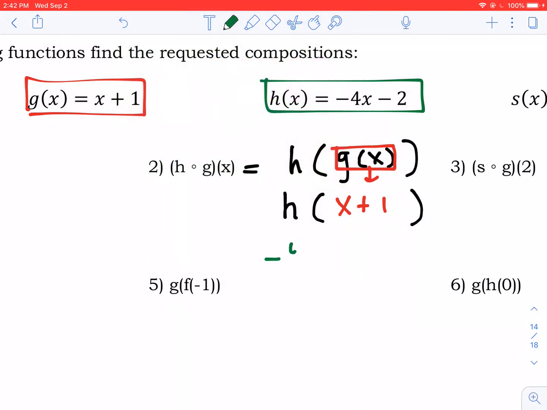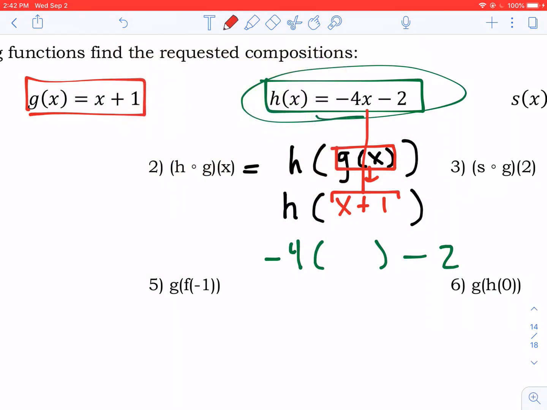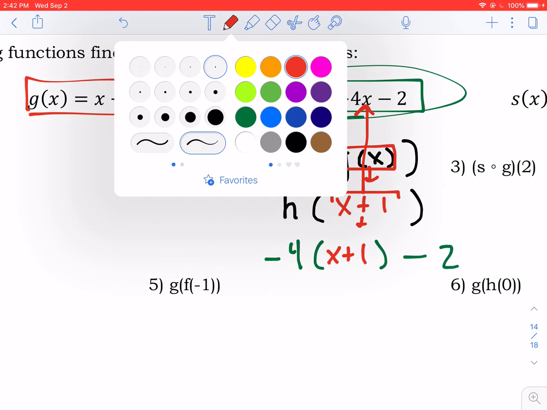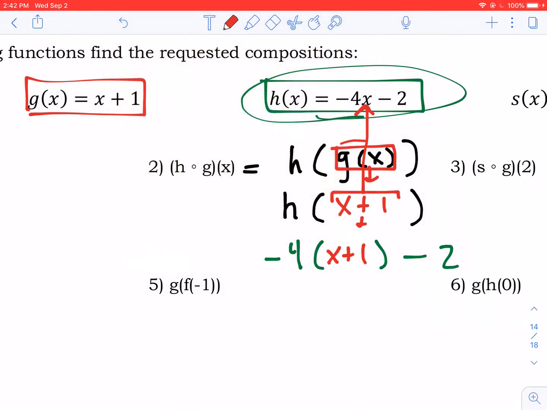Well, it's normally negative 4 times something minus 2. That's the h function. But again, we're taking what's inside the parentheses, this x plus 1, and plugging it in for x. So we're going to get this. We took the inside function, g of x, plugged it into h of x, so we get here.